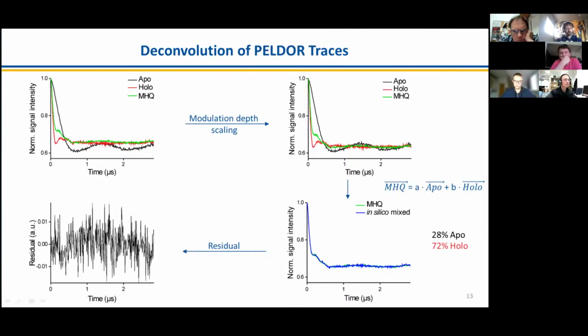And then it's just a solution of this linear equation that we did. And what we also tested was to see what the influence of background correction is. So whether it makes a difference if we use the background corrected traces for deconvolution or whether the raw traces are used. And the outcome is basically the same. So it doesn't matter if we use the processed traces or the raw traces.